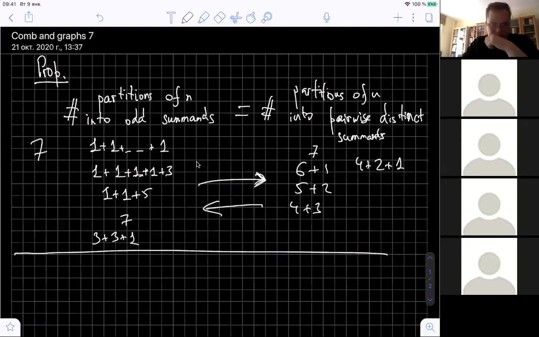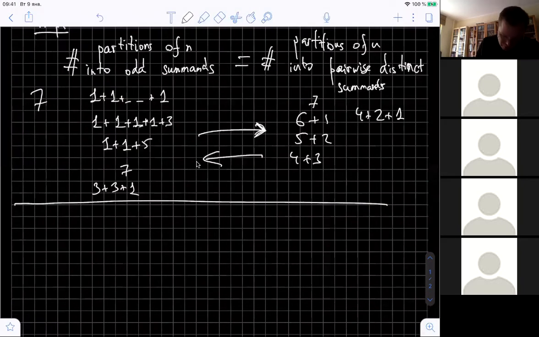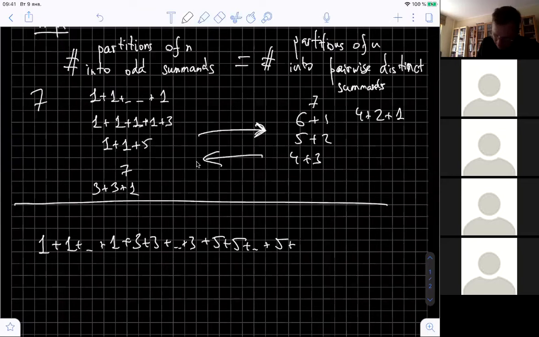And I use what is simpler to calculate. I think I will go from the left to the right. So for example, I have some partition of n into odd summands. If I combine all the equal summands into one group, then I will have like L1 ones, or L3 threes, and so on.